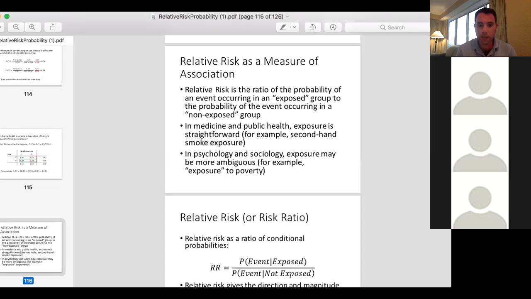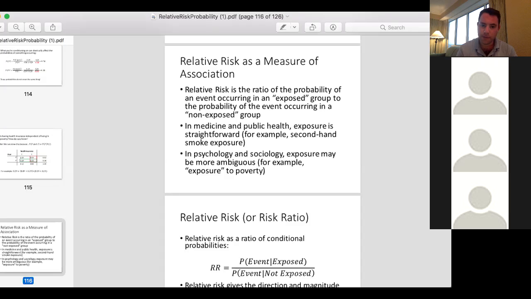But also in sociology and psychology, we can look at exposure not being, let's say, smoking or getting x-rays or radiation. We can look at it in a different way, where exposure can be exposure to poverty or to some other conditions.